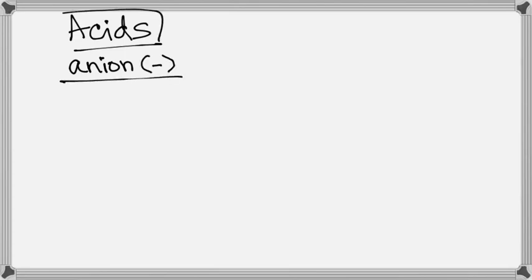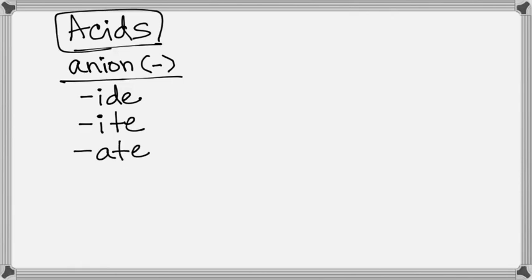The anions that we are looking at either end in "-ide", which are your monatomic anions, a few of your polyatomic anions, but we're concentrating here. If we say "-ide", it's going to be your monatomic anions. And then from the polyatomic side of things, "-ate" and "-ite" are the 2 most common ones.